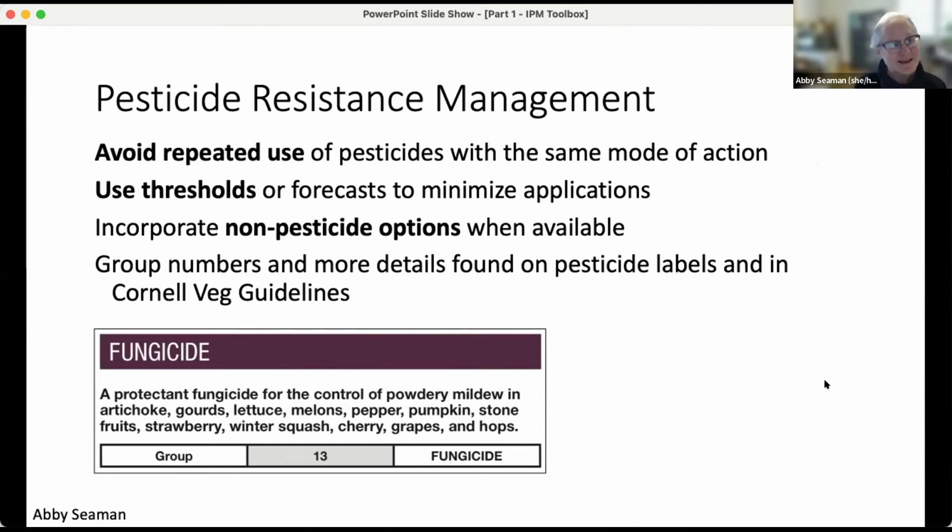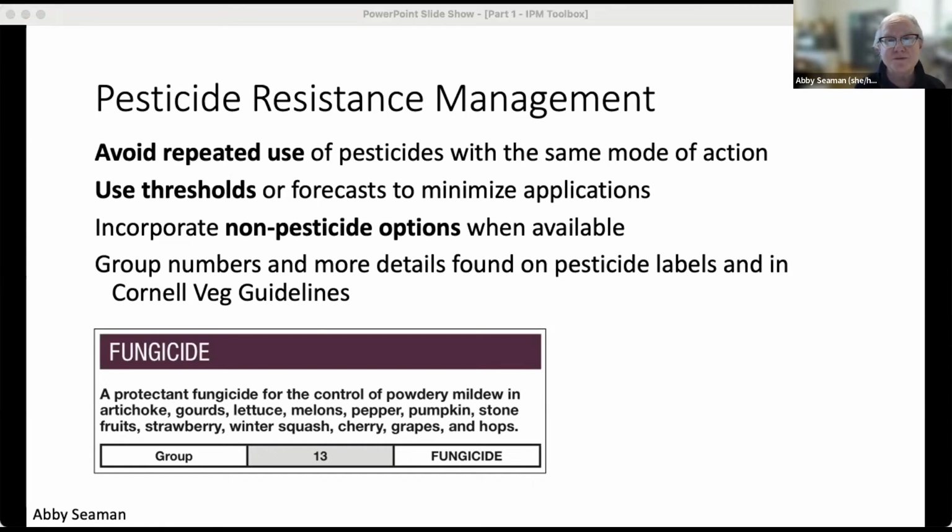So when we're thinking about pesticides, especially for herbicides these days, there are just so many fewer pesticides coming down the pipeline. I feel like it's really important to preserve the effectiveness of the pesticides that we have. And so we want to think about the way we use pesticides to manage pest resistance to them. So one way to think about this is to avoid repeated use of pesticides with the same mode of action.